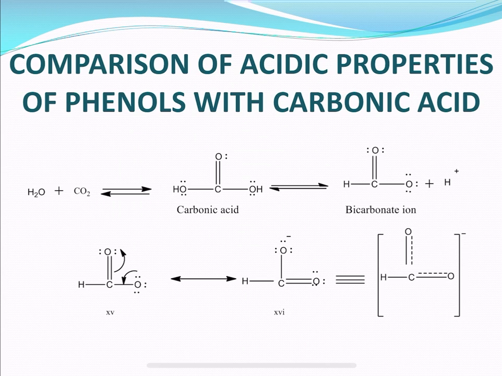How we synthesize acetophenone compounds or phenols or benzaldehyde, and how phenol can be converted into benzaldehyde. In this way we will see some important organic reactions in detail in my next class. Thank you, dear students.